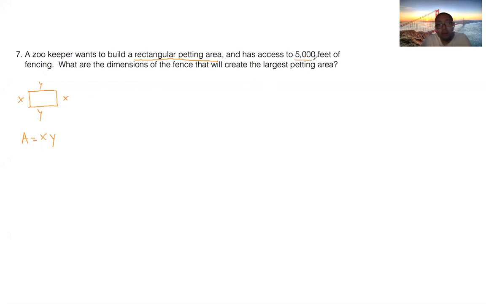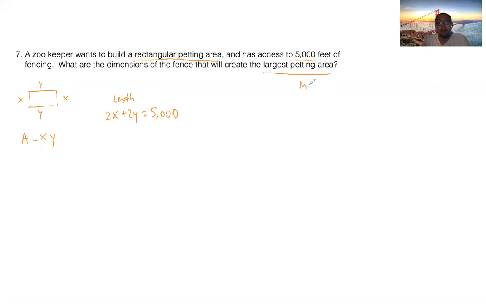Based on 5,000 feet, we know that the length of all four of these sides are going to equal 5,000 feet because that's all the zookeeper has. So based on length, when you add up all these sides, 2x plus 2y, that's going to equal 5,000, or the amount of fencing you have.